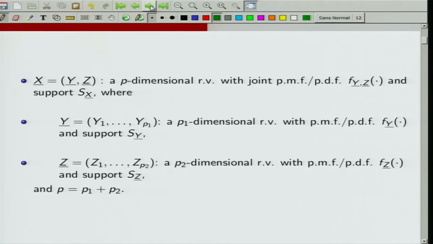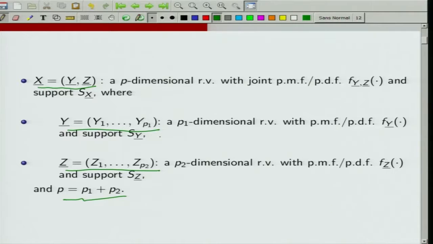So, suppose you have a random vector x, which itself comprises two random vectors y and z, where y is p1 dimensional and z is p2 dimensional. So, your x is a p dimensional random vector, where p is the same as p1 plus p2. Now, this could be discrete or absolutely continuous.